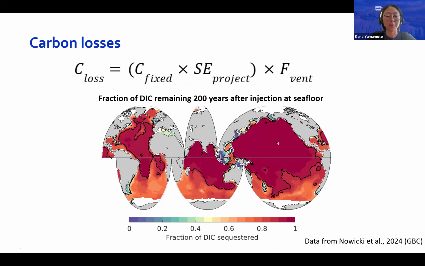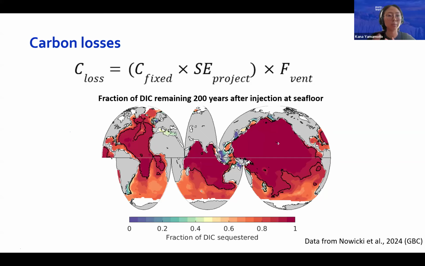So again, this requires the use of models because these will entail global circulation dynamics. And here I'm showing you what you might expect from a model result that shows you the fraction of dissolved inorganic carbon that's remaining 200 years after it's been deposited at the seafloor.